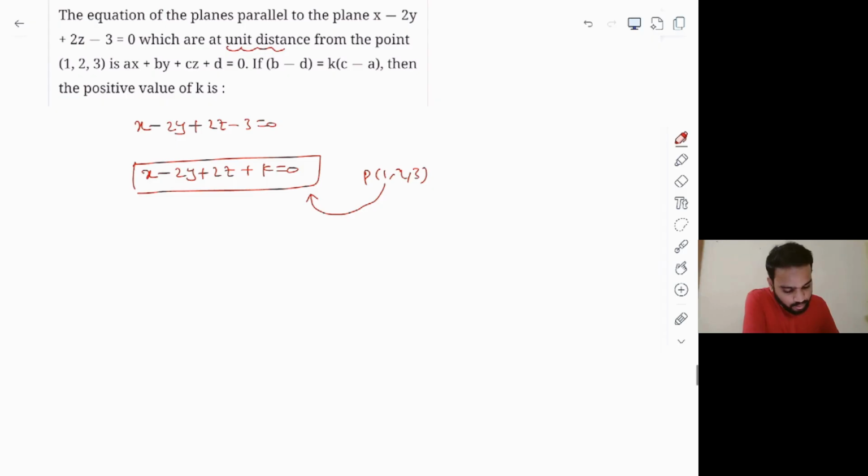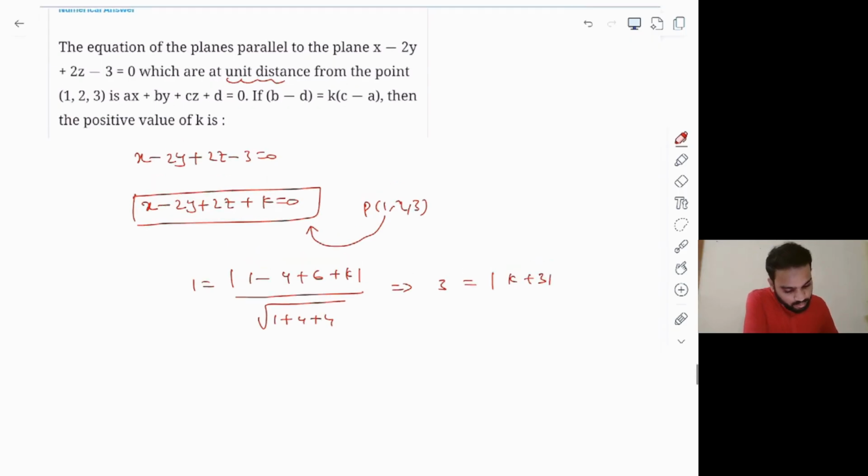So let's do that calculation. 1 is equal to modulus of, we know the perpendicular distance formula, 1 minus 2 into 2, 4, plus 3 into 2, 6, plus k, whole divided by square root of a square plus b square plus c square, which gives 1 plus 4 plus 4. On cross multiplying, we get 3 because square root of 9, right? So 3 is equal to modulus of k, and this is 7 minus 4, that is 3.